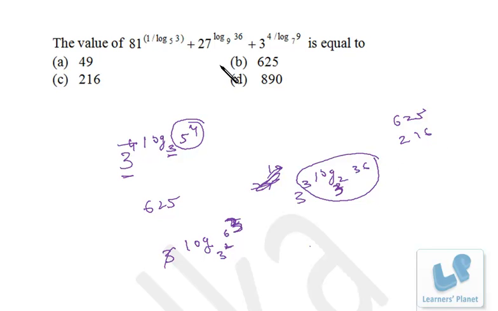So obviously we don't have any other option by which we can add and get the answer except 890, because all the other options are less than 625, right? So no need to solve it further. Okay, and if you wish to solve, I will solve that also. So this is 4 by log 9 to the base 7. So that's 4 into log of 7 to the base 9. 9 is 3 square.